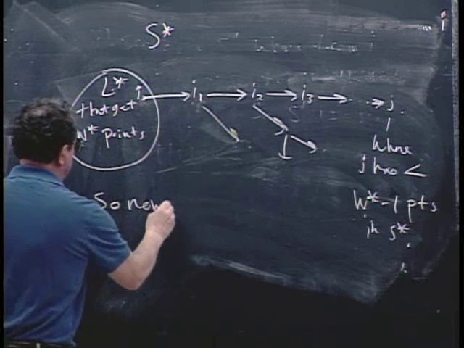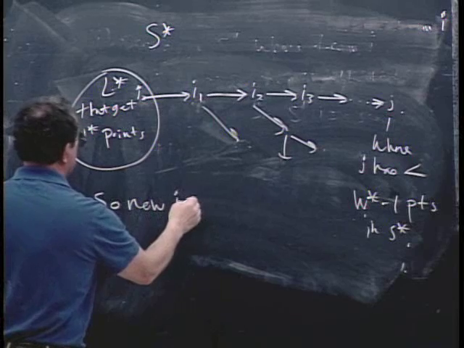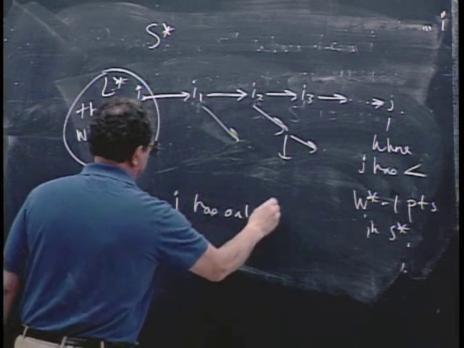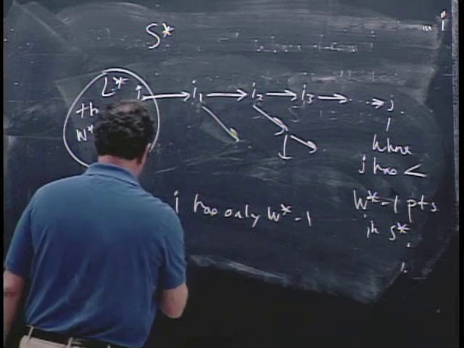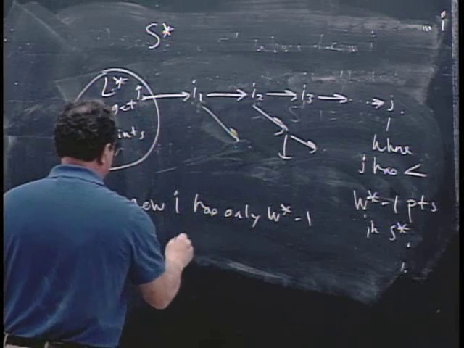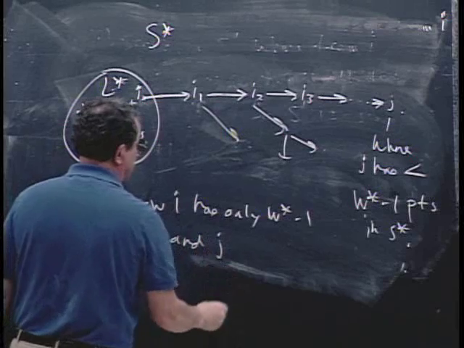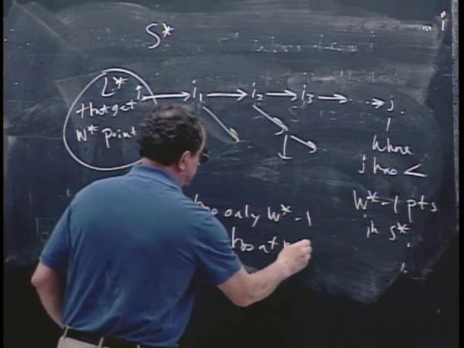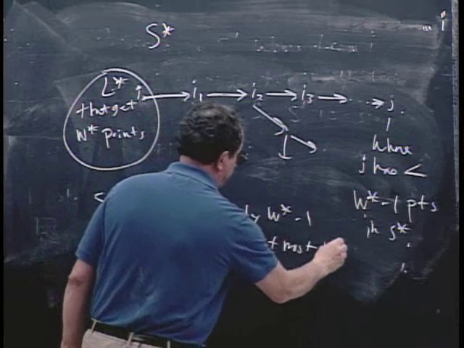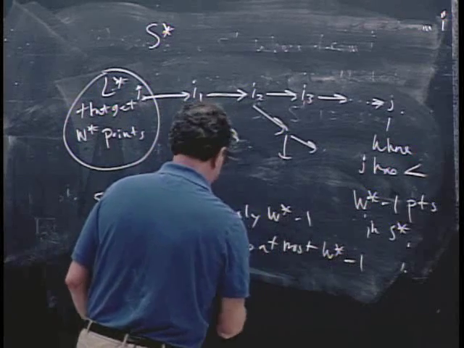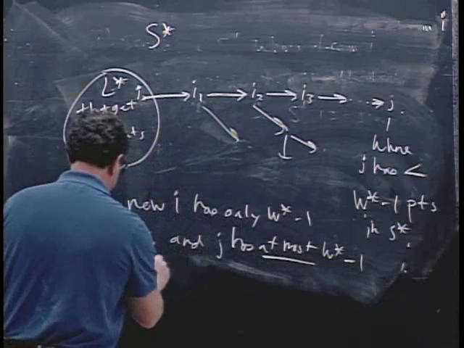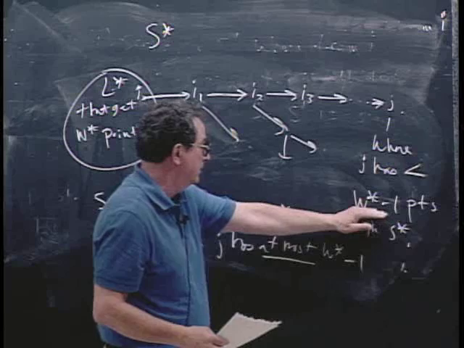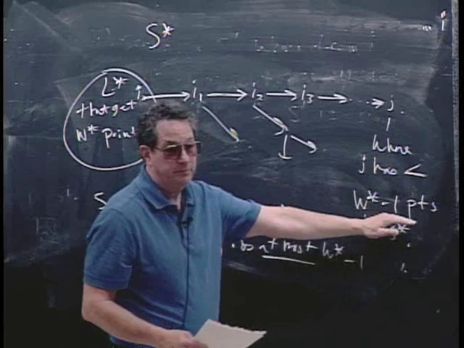So now I has only W star minus 1 points, and J has at most W star minus 1 points. Okay, because by definition here, J had less than W star minus 1 points.